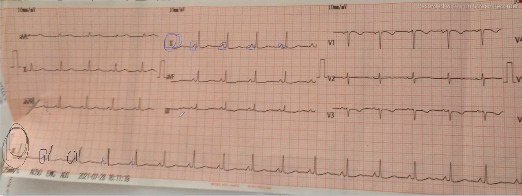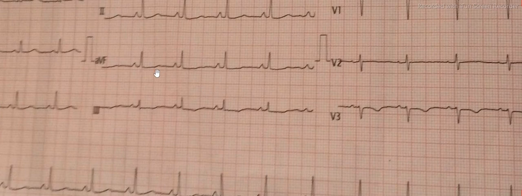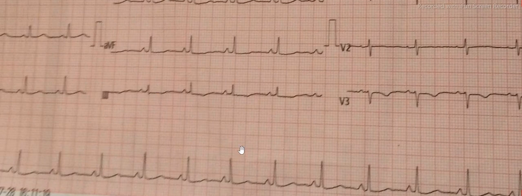Now another thing to look at is, let me zoom here. So you see here, this is the P wave and this is the PR segment. Altogether it is called the PR interval. When you look in lead 2, it is pretty much normal, and the PR segment is occupying almost 2 square boxes, which is also normal.